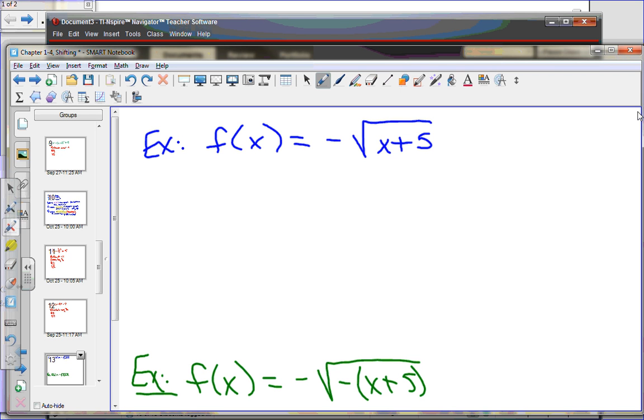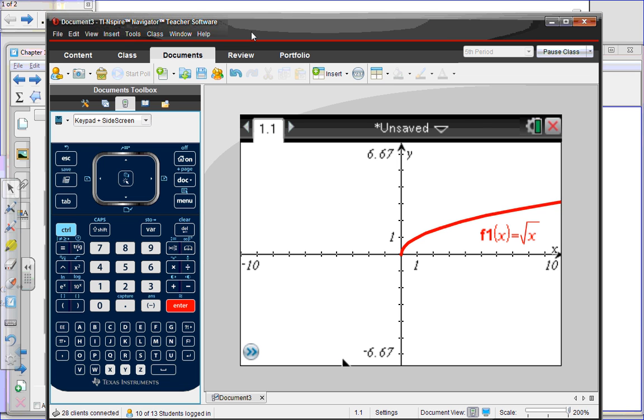So the parent function to this is going to be what? It is f of x is equal to the square root of x. That's my parent function. So if that's my parent function, I want to compare this thing to my parent function. So there's my parent function.